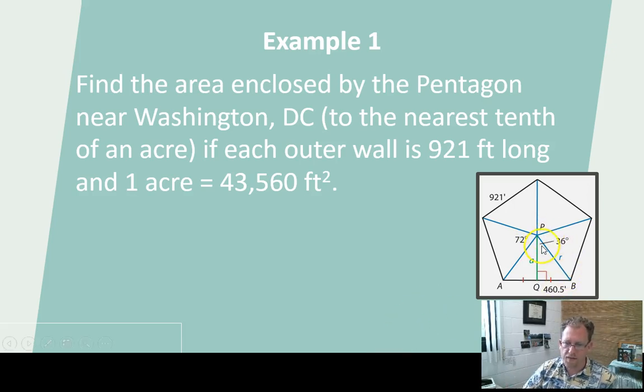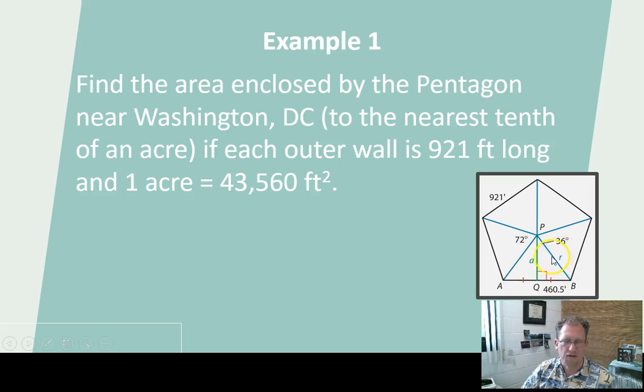And so half of that little triangle must be 36 degrees, and if this whole thing is 921, then that means that this part of the triangle is 460.5.